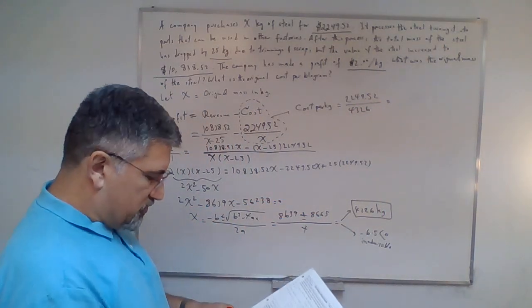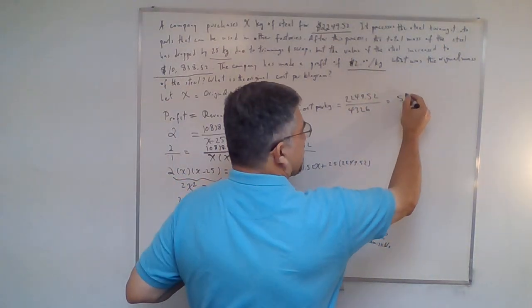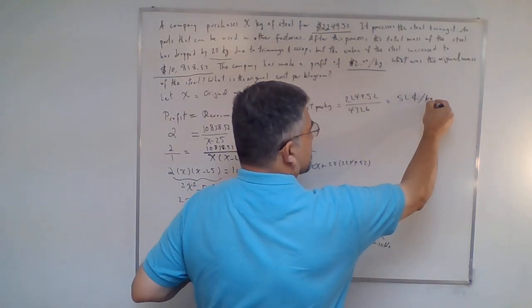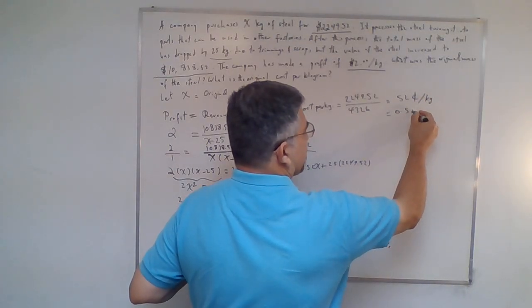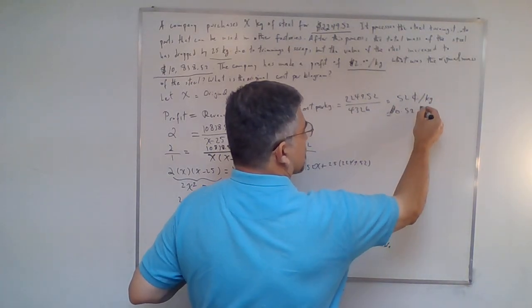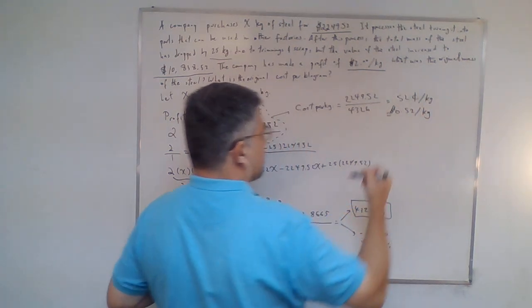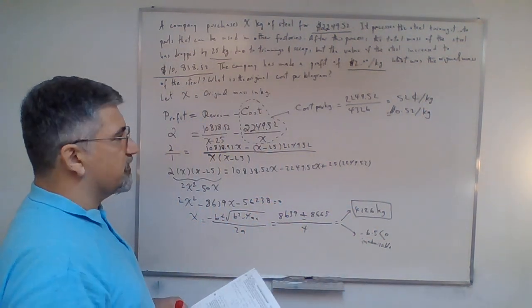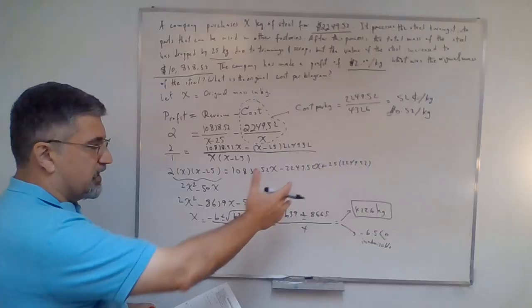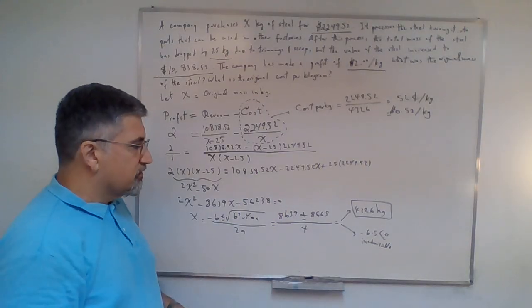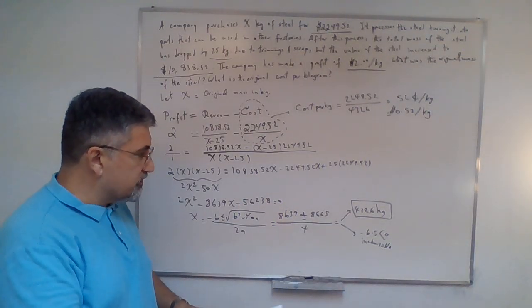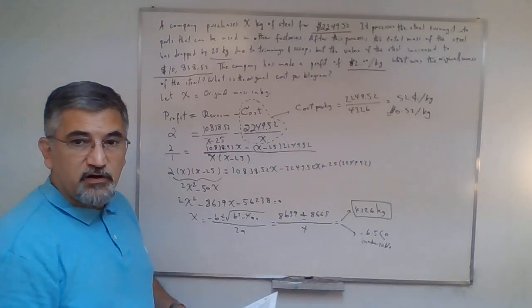And when you do the division, you end up with 52 cents per kilogram, which is $0.52 per kilogram. Okay, so the cost per kilogram is found 52 cents per kilogram, and the original mass of the steel was 4,326 kilograms.